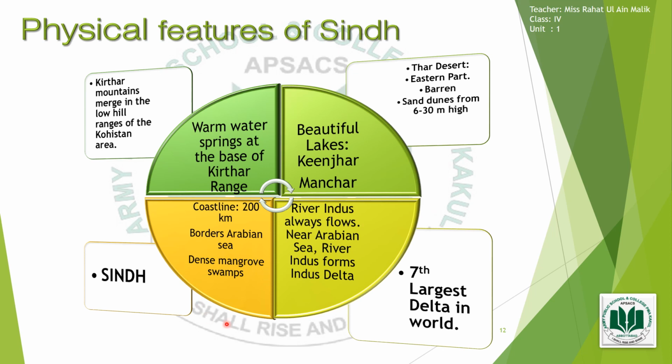On page number 7 of your textbook you can see the last picture. Now, mangrove swamps means that there is a water body, and when it ends, there is a cluster of uprooted trees, right? So that was all about Sindh.